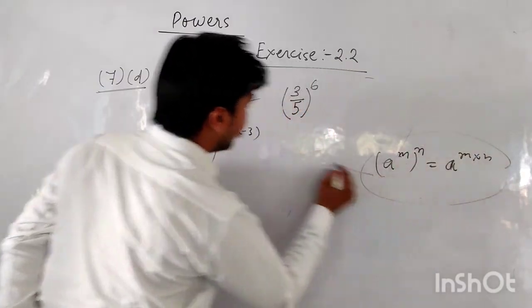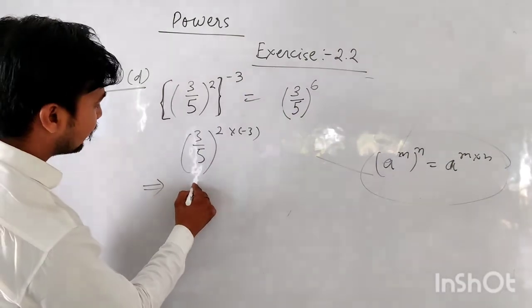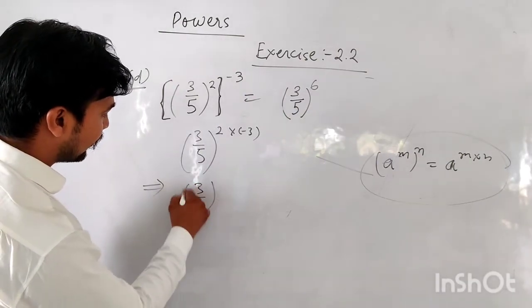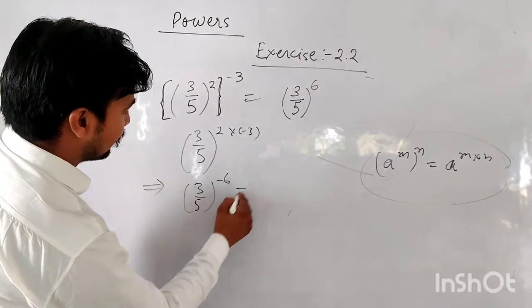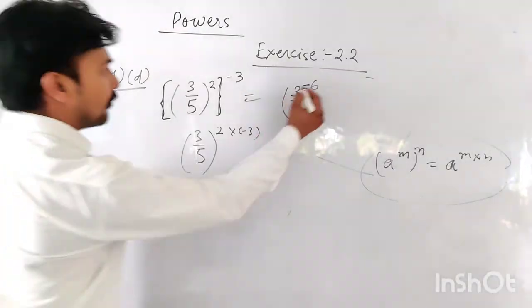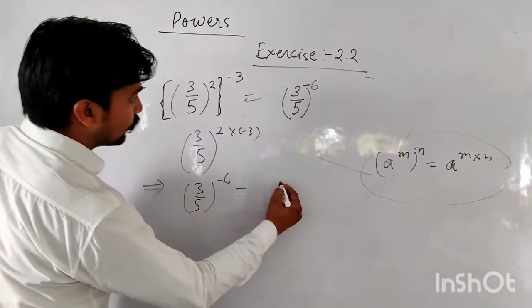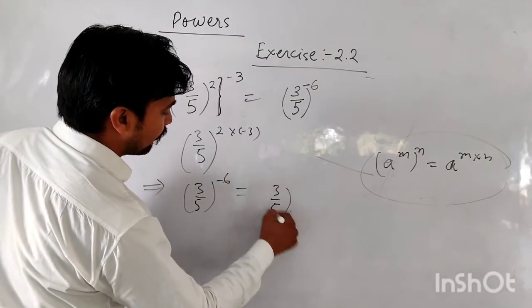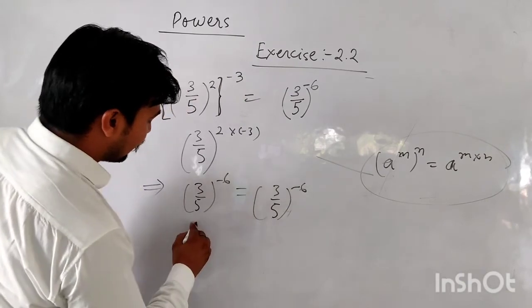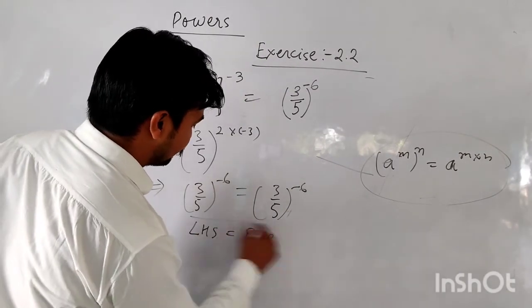So this formula is being used here. So we will get 3 by 5 into -6. Here will be minus here. So 3 by 5 into -6, which is equal to 3 by 5 minus 6. Hence LHS is equal to RHS.